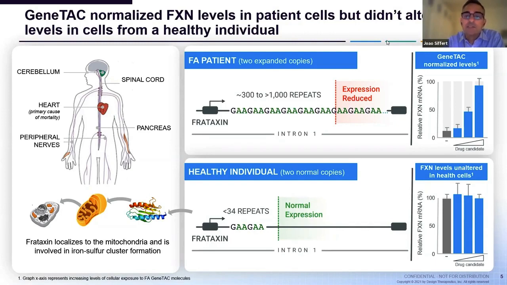So the only place in the genome that has a block in transcription and where transcription initiation is happening from a GAA repeat is in the frataxin gene. The GeneTACs do not alter initiation of transcription. They simply unblock a transcription elongation that is blocked in the case of the long GAA repeat expansion.